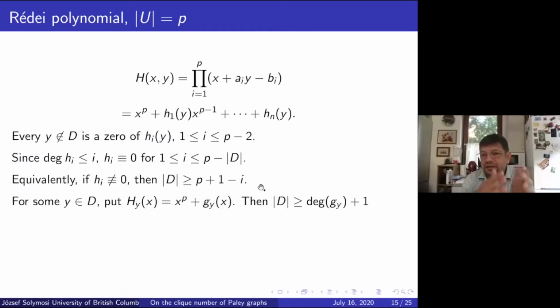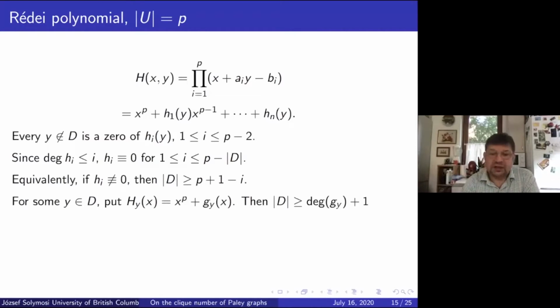Clear? So this is the algebraic, this is the important point. This is the way to algebraically capture the property. And this works over finite fields. That's the beauty of finite fields. So our task now is to show that if we have many points, then the number of directions is large, and the way to show that is we will guarantee that one of the coefficients is not 0. And if one of the coefficients is not 0, then we are happy.